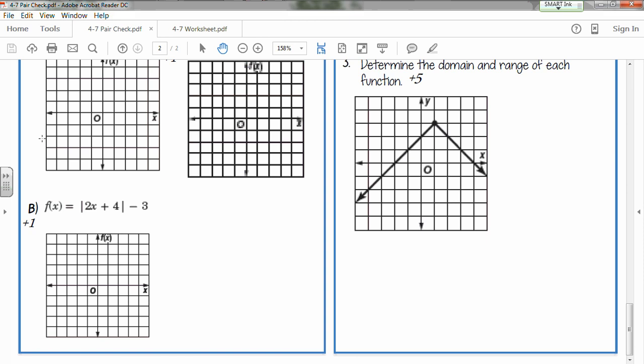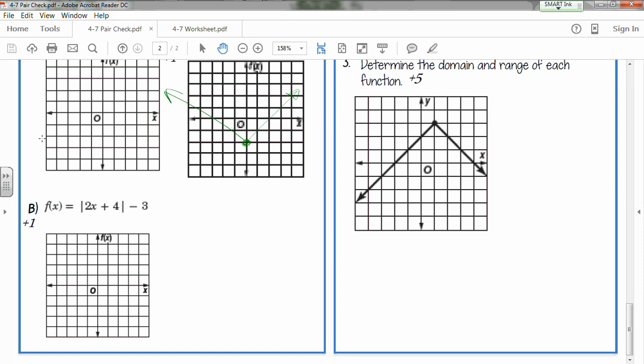Okay, what about my range? Remember you had a minimum. So my range is, how much is it going up or how much is it going down? If I have an absolute value graph like this, where's my minimum?